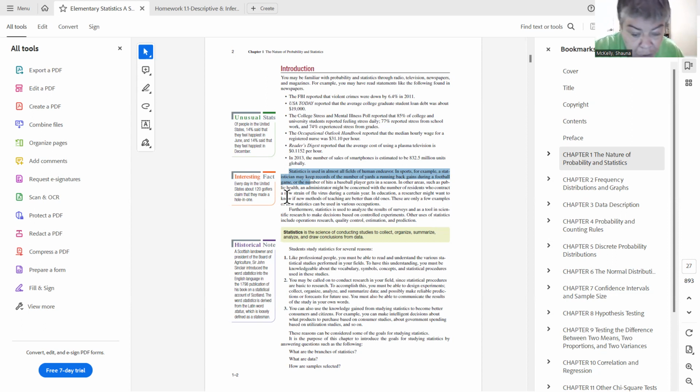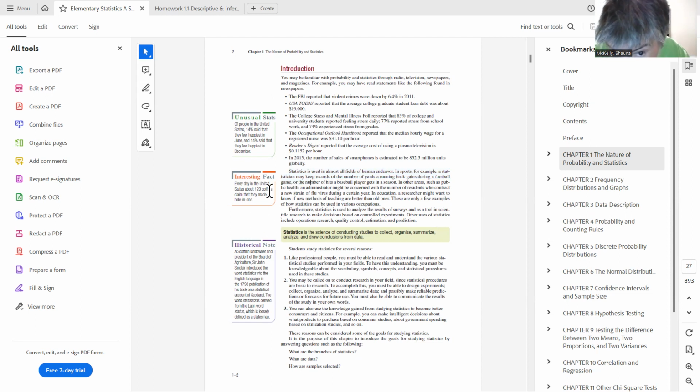So education, medicine, sports, anything that you can think of probably will use statistics. Those are 3 that I can think of, but they're in this paragraph on page 2 of your textbook.